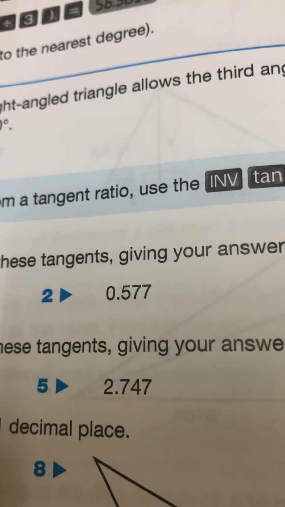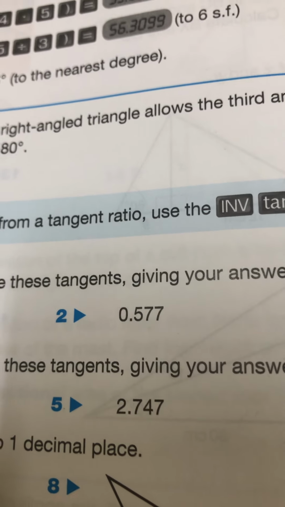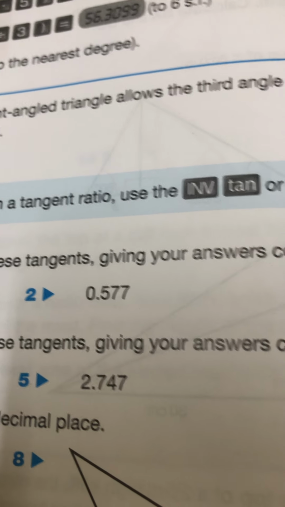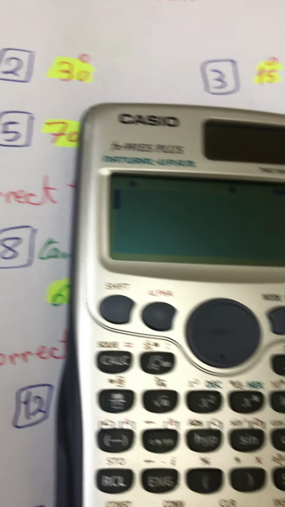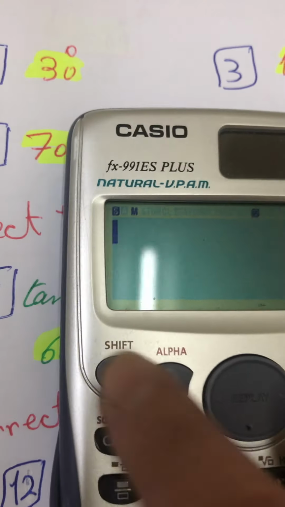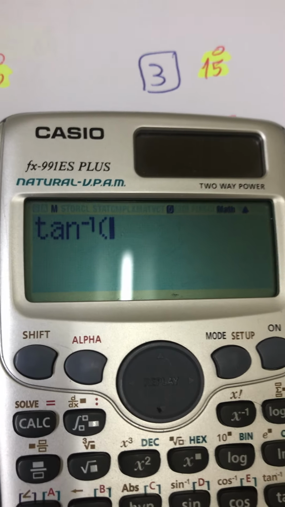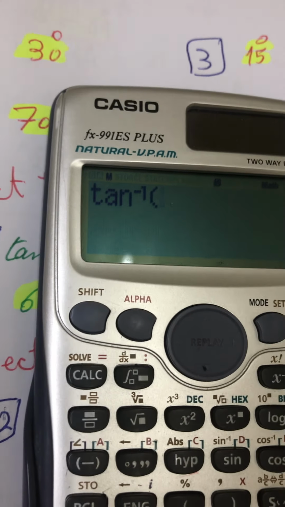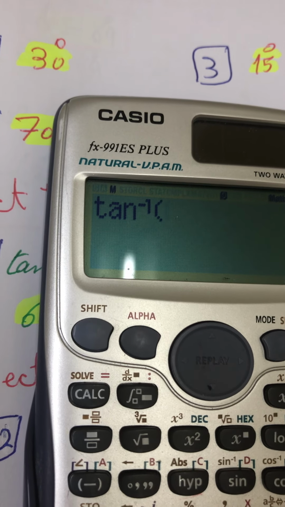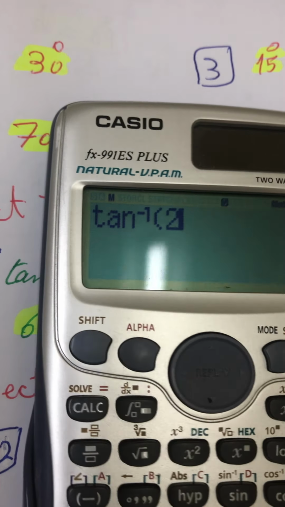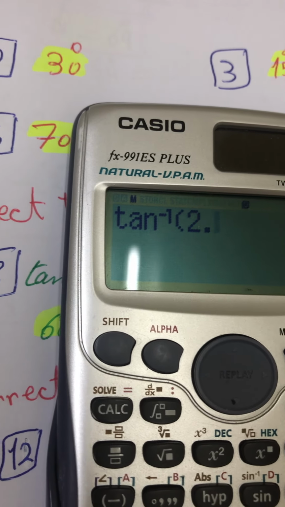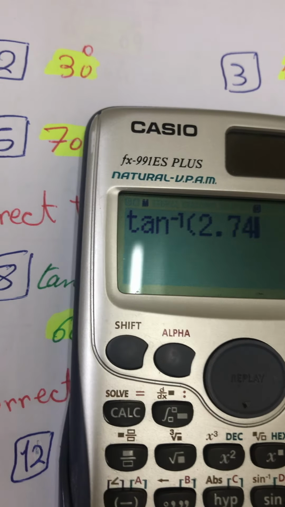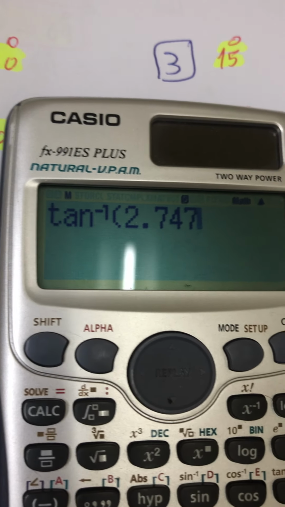Go to number 5. I have the tangent 2.747. I'll go to my calculator. Press shift, then tan. You will find tan inverse, tan negative 1. Now press the ratio, 2.747.